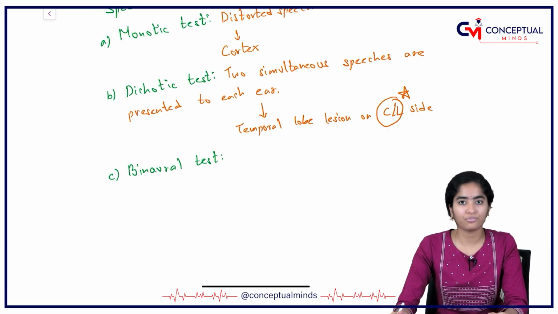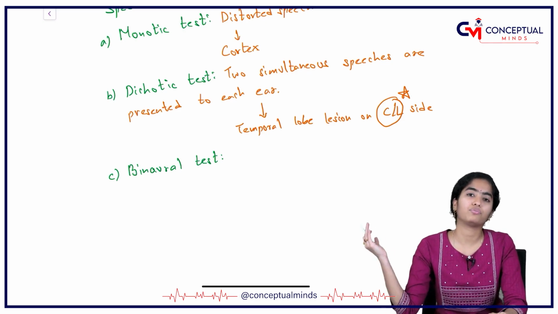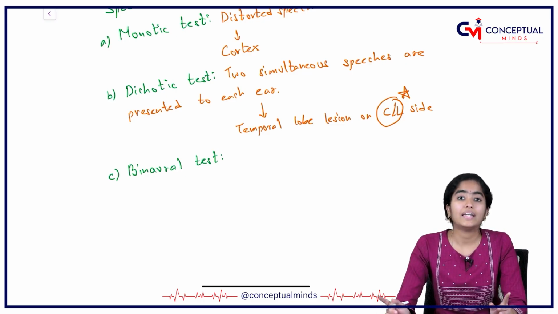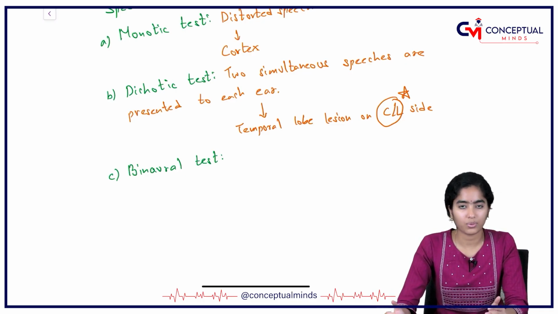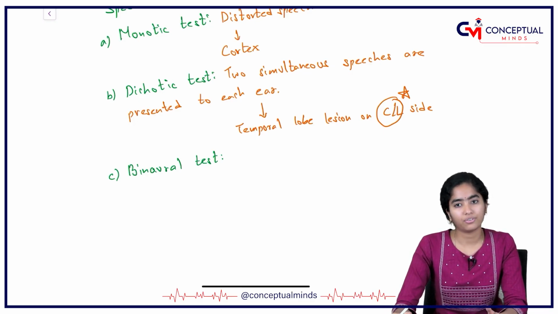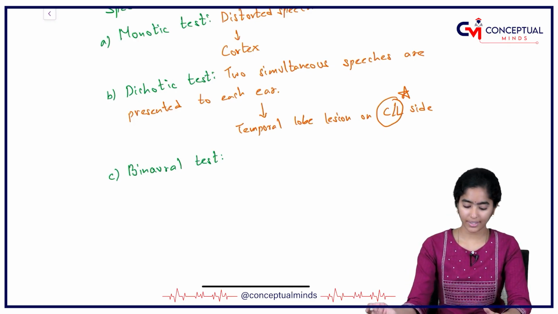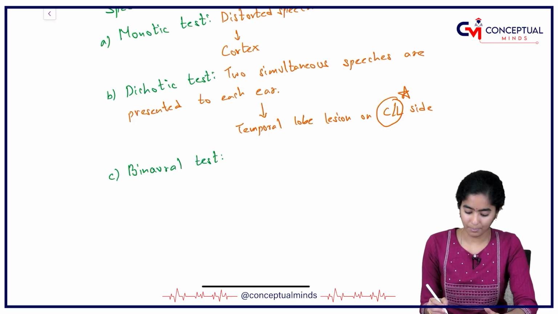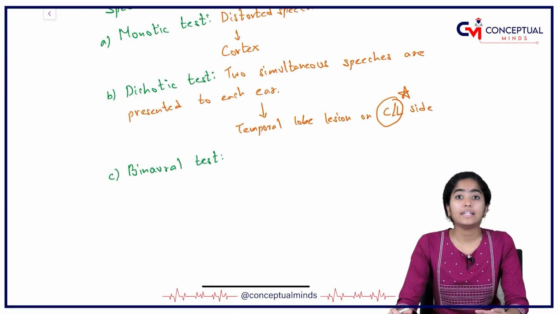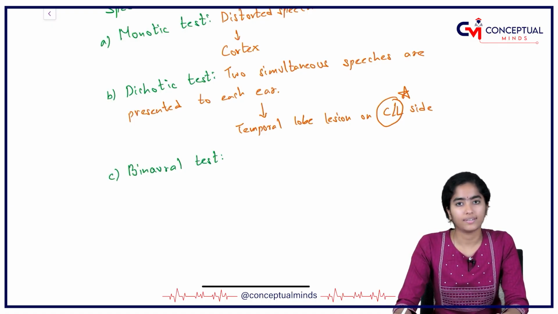Because both the ears are functioning, we can identify from which direction the sound is coming. Both the ears integrate the difference in sound levels and many other such things and identify the direction. These tests are normal in cortical lesions, but they are affected in lesions of the brainstem.